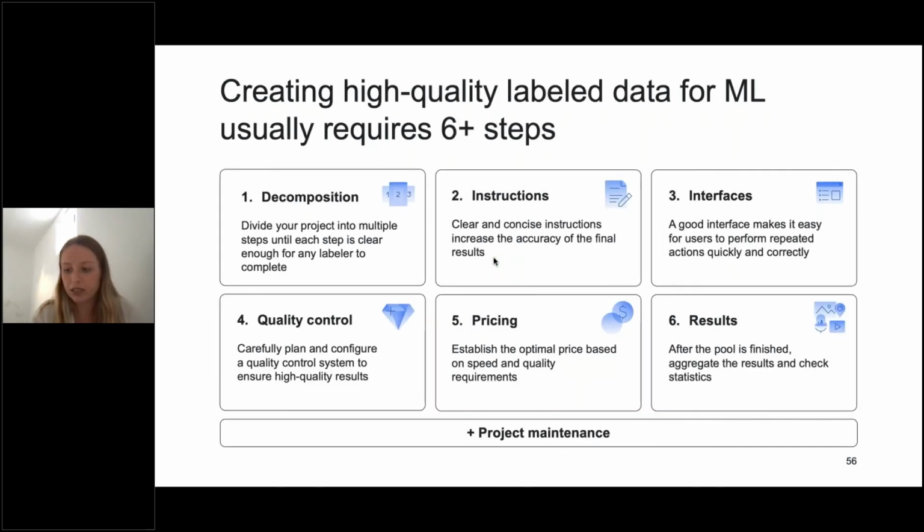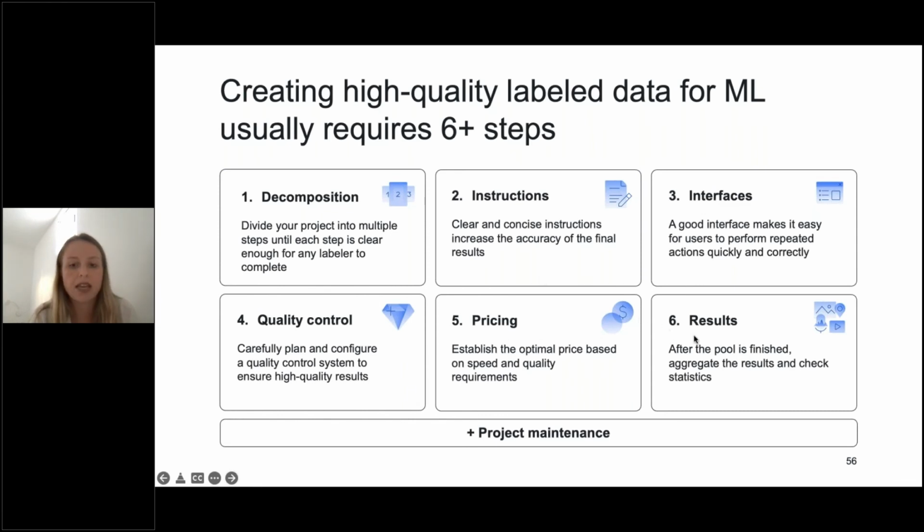And so I would like to recap here those 6 points of our data labeling pipeline. We started with the decomposition, then we focused on instruction, then we talked about designing interfaces, and then we mentioned how to control quality and how to decide on pricing.